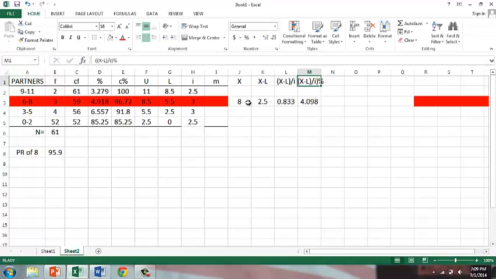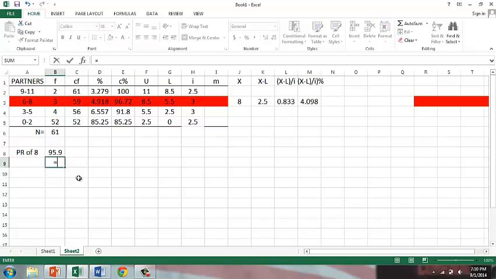And we've gotten there by steps using multiple columns. And so now, to calculate the percentile rank, we simply type equals the cumulative percentage below the critical interval plus that second term, which we've calculated separately.